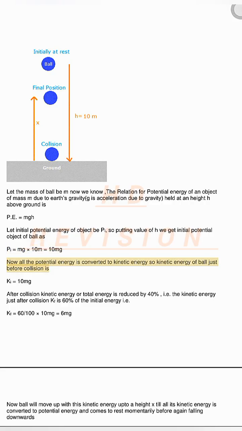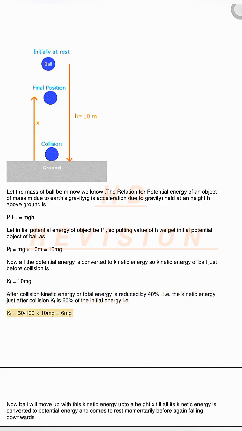Now all the potential energy is converted to kinetic energy, so the kinetic energy of the ball just before collision is K equals 10mg. After collision the kinetic energy or total energy is reduced by 40%, i.e. the kinetic energy just after collision Kf is 60% of the initial energy, i.e.